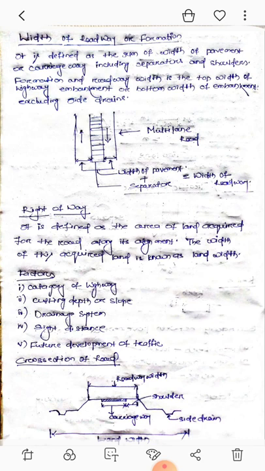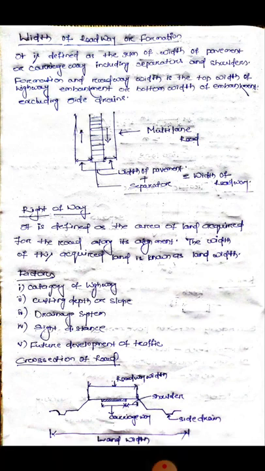First topic is width of the roadway formation. It is defined as the sum of the width of pavement or carriageway, including separators and shoulders. Formation or roadway width is the top width of the highway embankment or bottom width of the cutting, excluding side drains.